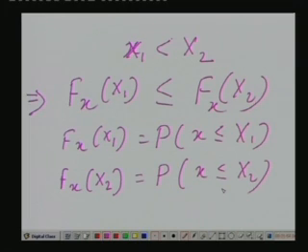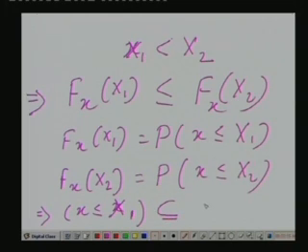But you see, you have given me x1 less than or equal to x2, which means this set is actually contained in, or maybe the same as, this set, because x1 is less than x2.